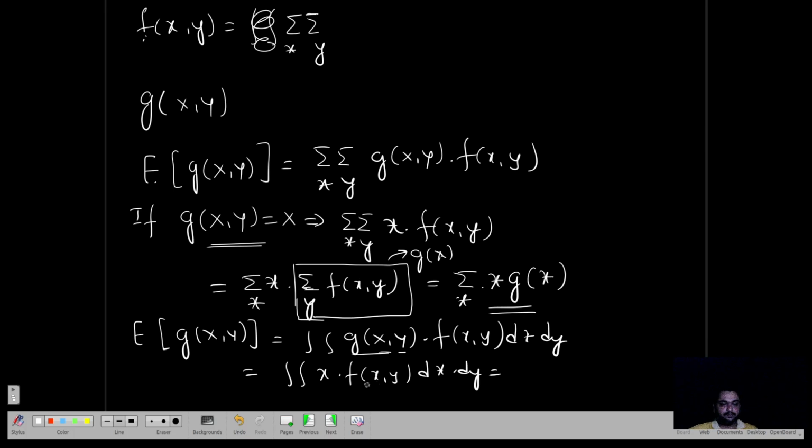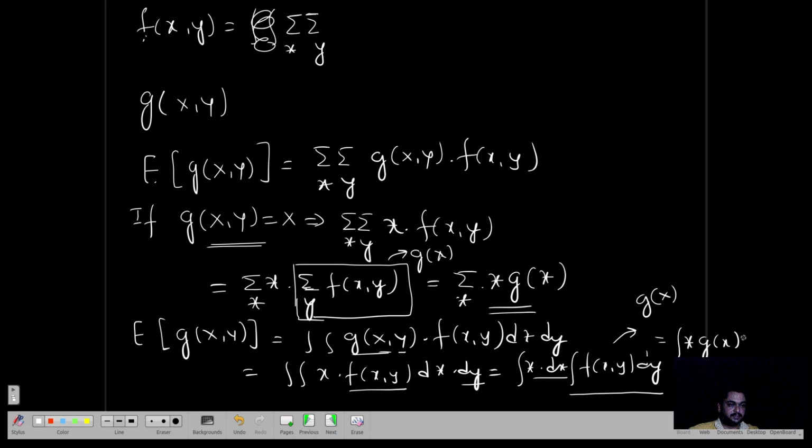Now you just rearrange the terms. Here f of x comma y dy, and let me write x dx outside, because they're independent, I can take this out. What is this part, f of x comma y dy? This is nothing but g of x, no? So it is just the integration of x g of x dx. This is your marginal expectation. Okay. Let us solve some problems, you'll understand.